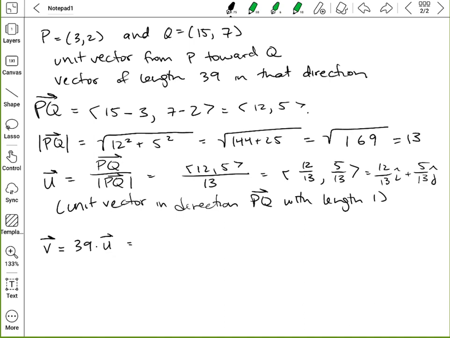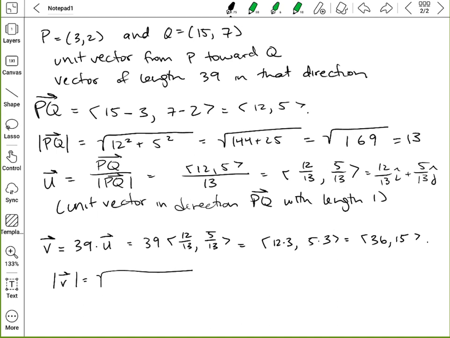And so that's going to be 39 times 12 over 13, 5 over 13. 39 over 13 is 3, so that's just going to be 12 times 3, 5 times 3. So that's 36, 15. And then we could go ahead and take the length of this vector.